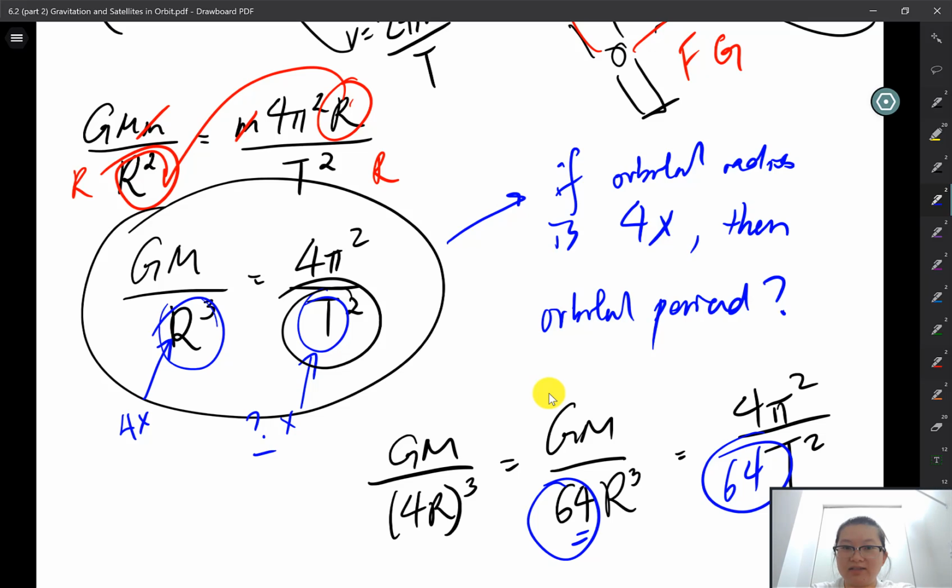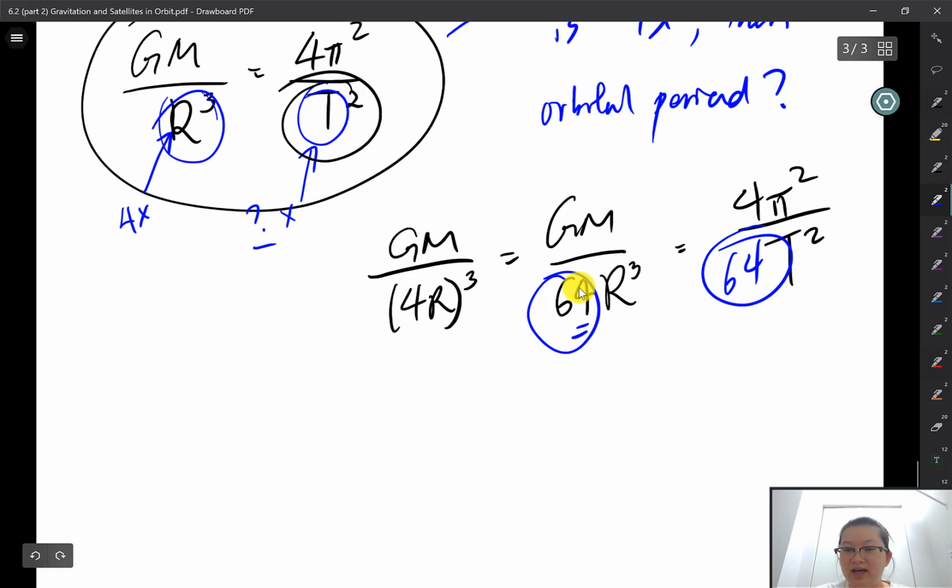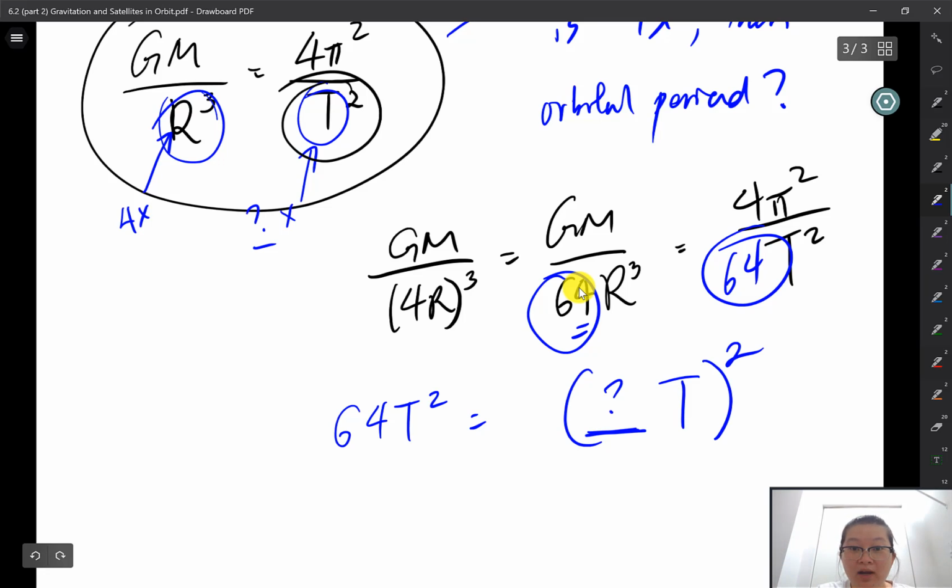So I need to figure out what my period needs to be multiplied by in order to get 64. This is the line of thinking. I need 64 T squared. So I need some factor that I multiply by my period, so that when I square everything, I get 64.